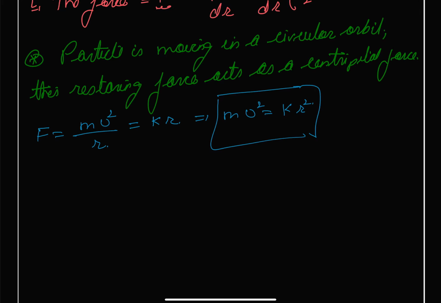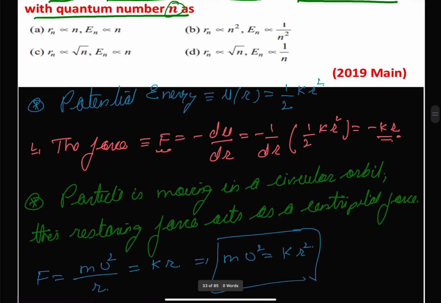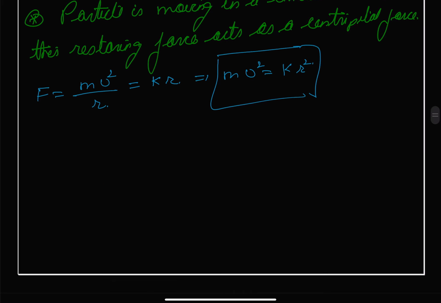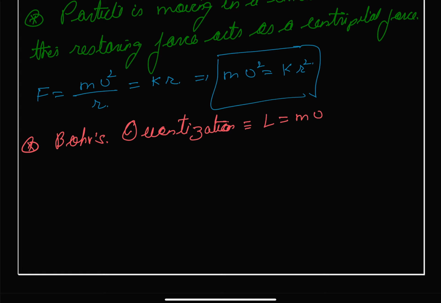Now, because it is mentioned that Bohr quantization can be applied, we can write our angular momentum L as equal to mvr, which is also equal to nh upon 2 pi.